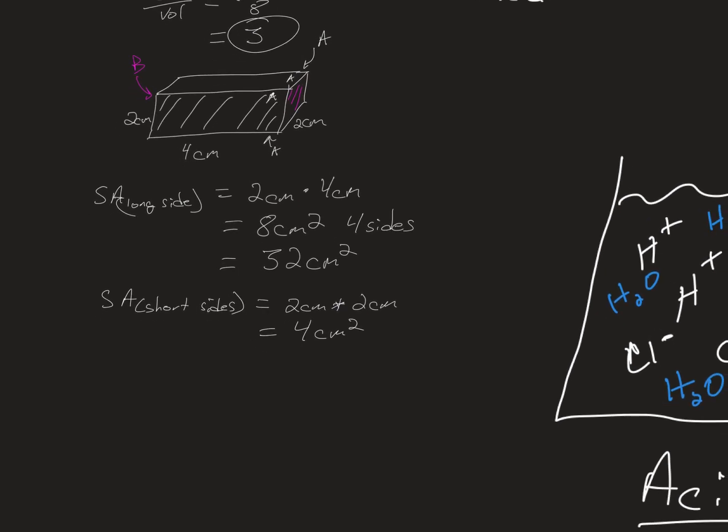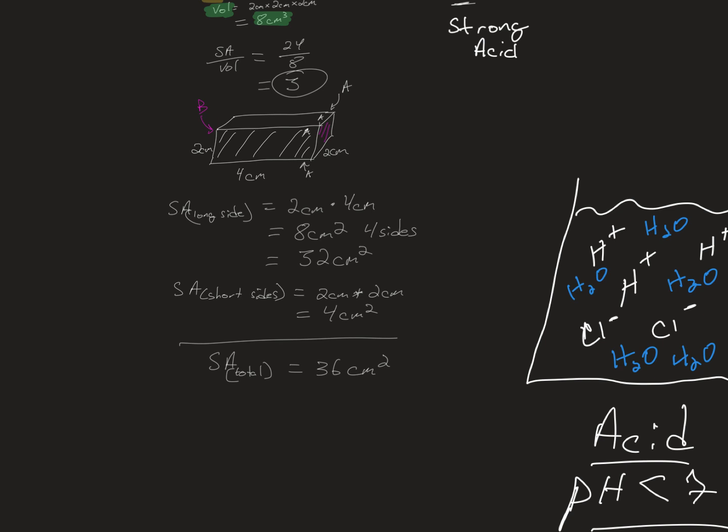Now what do I do with those to get the total surface area? I add them. So that equals 32 and 4 is what? 36 centimeters squared. That's my surface area.